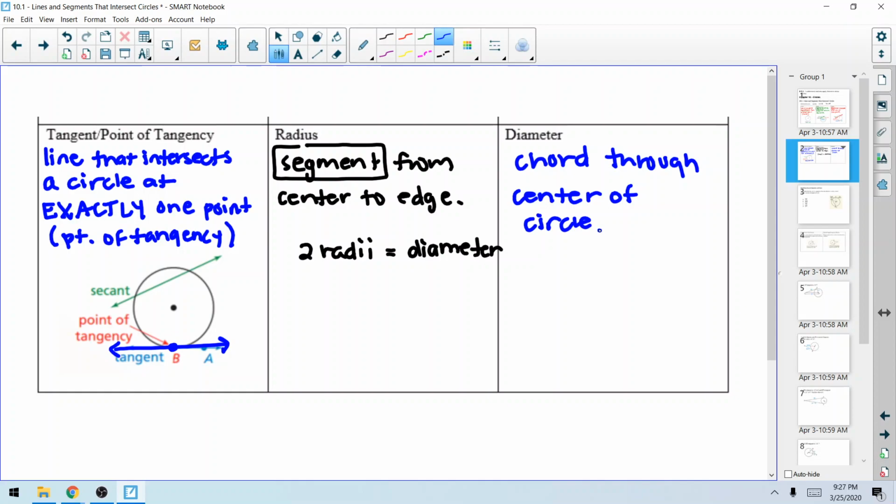And keep in mind, a chord is a segment, so it has 2 endpoints on the edges of the circle. So it goes from an edge to an edge, but specifically with a diameter, it also has to go through the center. And then keep in mind, 1/2 of a diameter equals the radius. So these two that I wrote here in black and then in blue are the same thing. It just depends how you want to think about it. Keep in mind, if you have a diameter, you can cut it in half to get a radius. If you have a radius, you can double it to get a diameter.